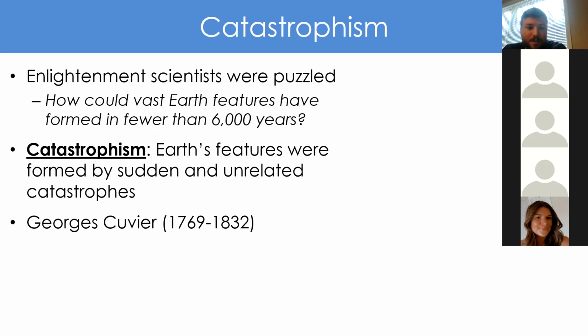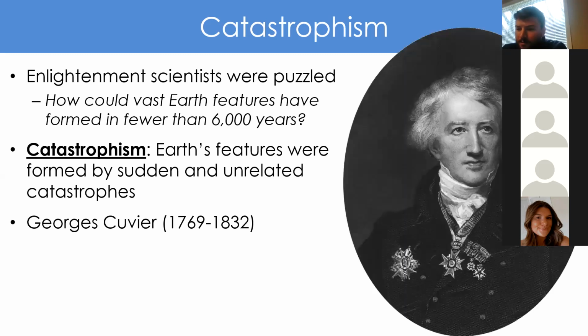George Cuvier, I misspoke, mixing up James Hutton and George Cuvier. So he was the proponent of catastrophism, which is the idea that all of Earth's features were caused by these big, violent, sudden catastrophes, these big events that aren't related to each other.